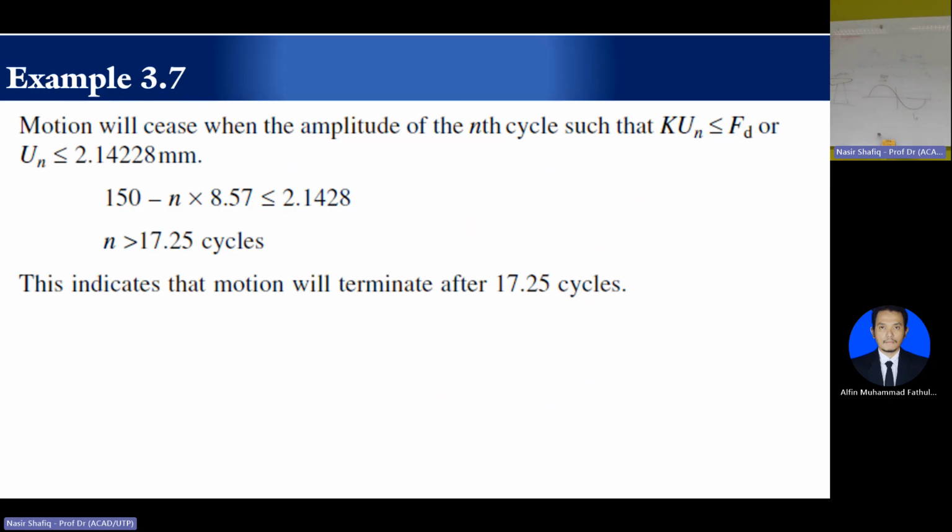So 150 minus n into 8.57 should be less than or equal to that, so from here you can see n should be greater than 17.25 cycles, or 18 cycles.